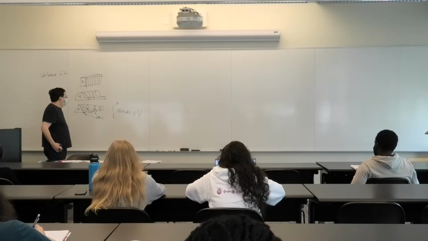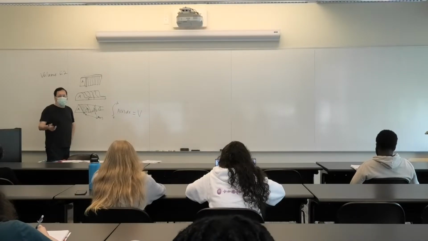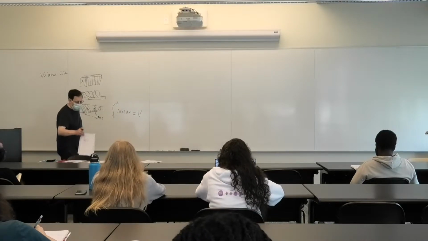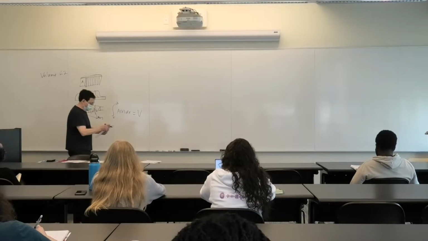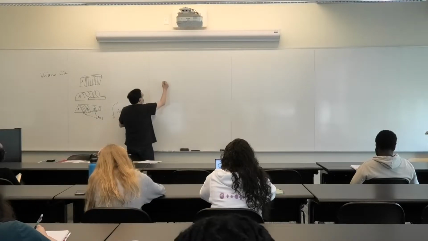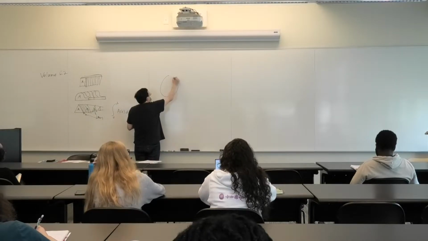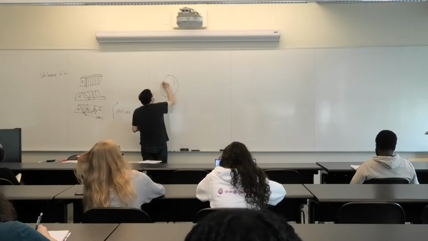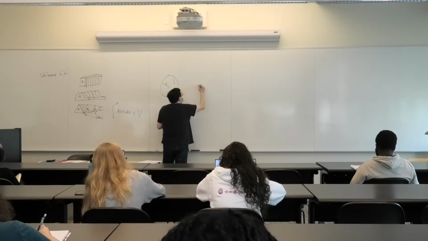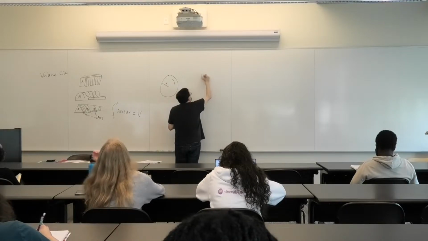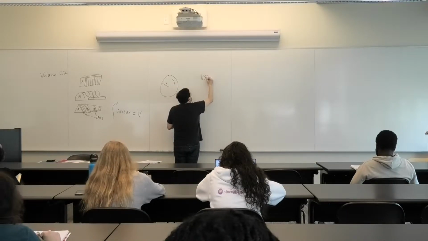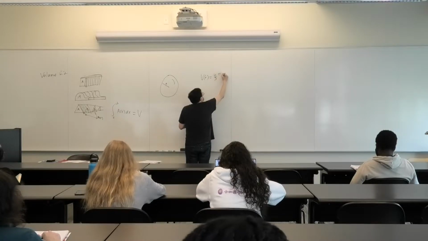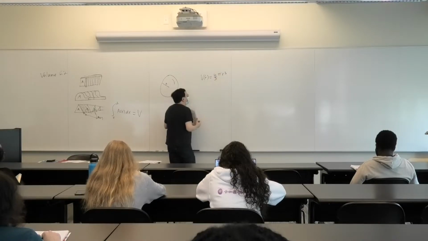Well, this gives us the ability to do some things we might already know. If I were to have a sphere of radius r, I think many of you may know that the volume is 4/3 pi r cubed.